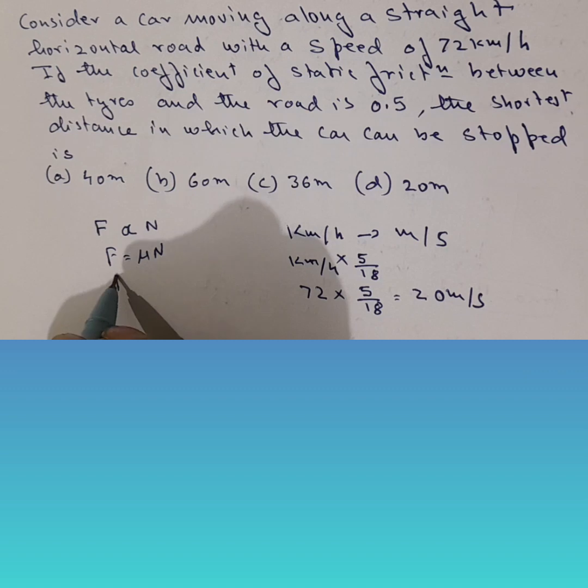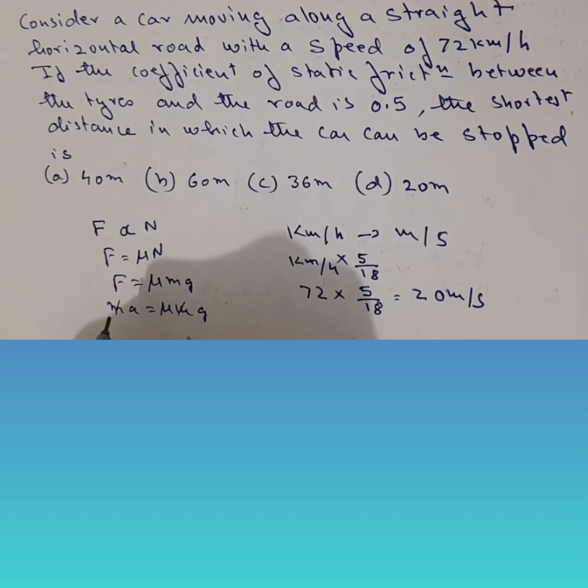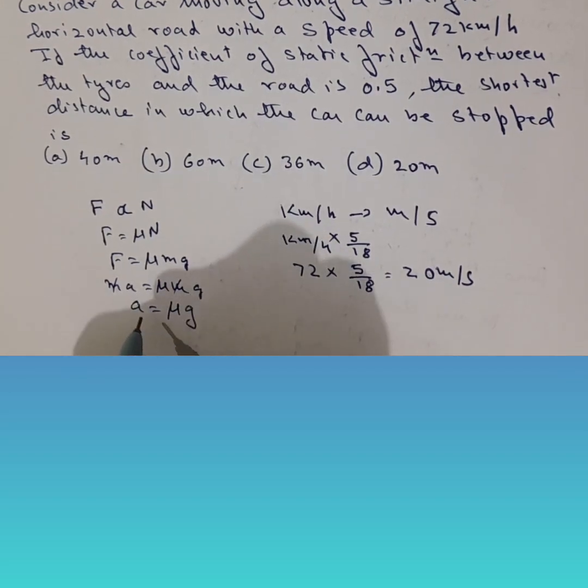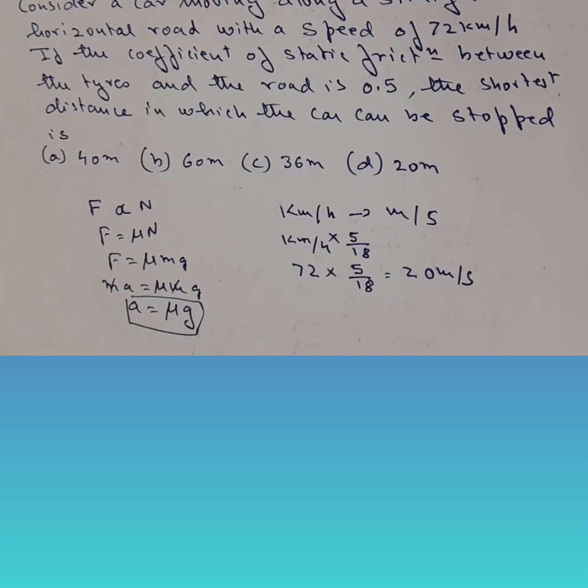So we can also write it as F is equal to mu mg. Now, force we know is ma, so ma is equal to mu mg. So this m goes, and the formula that we would be requiring here is a is equal to mu g, where mu is static friction. So these are the two things that we have to keep in mind.